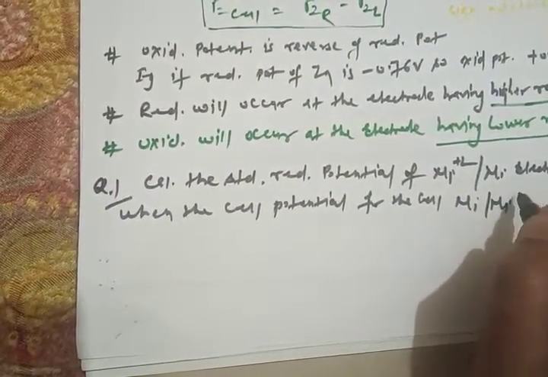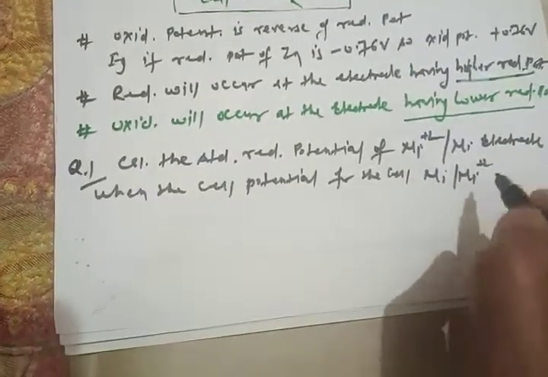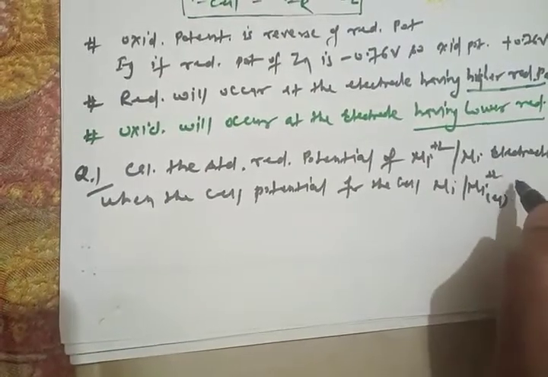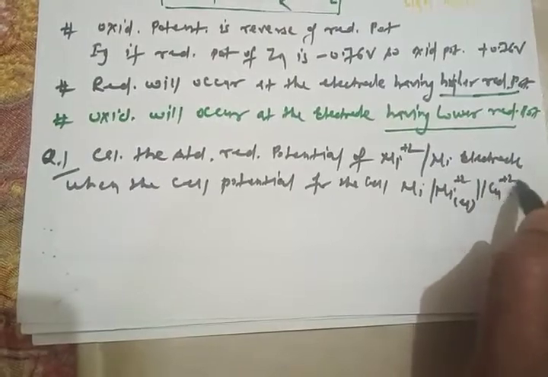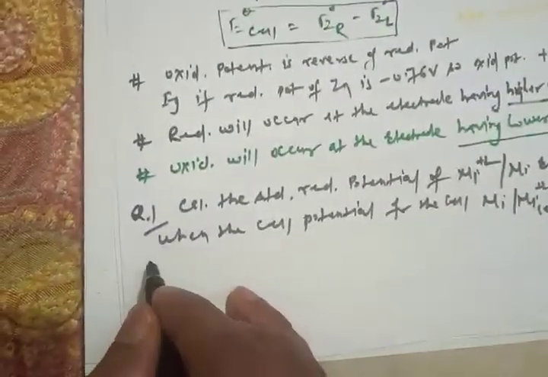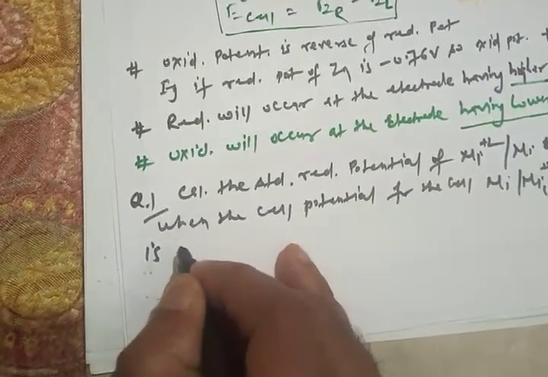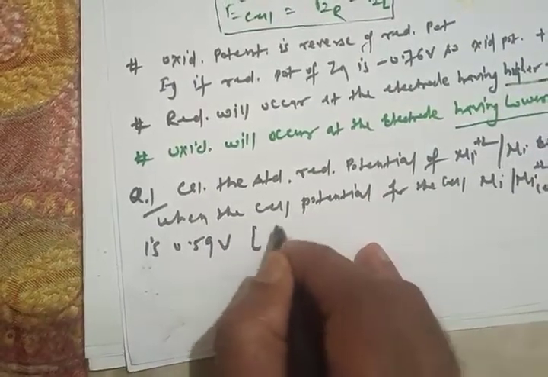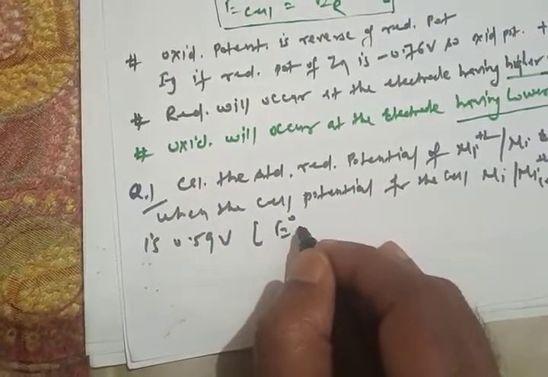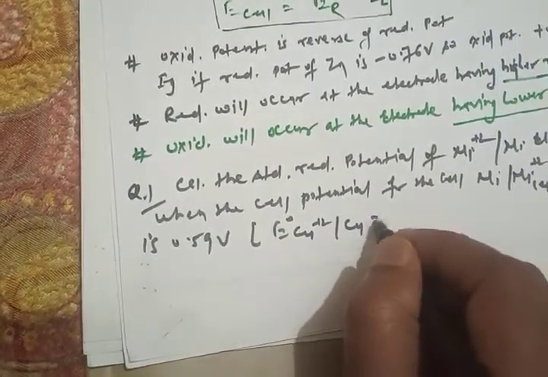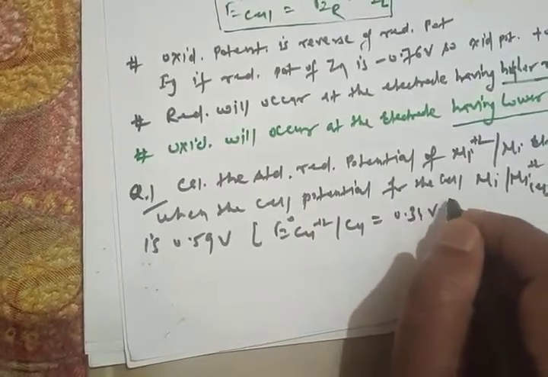Please write the aqueous or solid medium. This is very important in electrochemistry. You have to write the state. Copper plus 2 aqueous, then copper, is 0.59 volt, and the given value of E naught of copper plus 2 to copper is 0.34 volt.